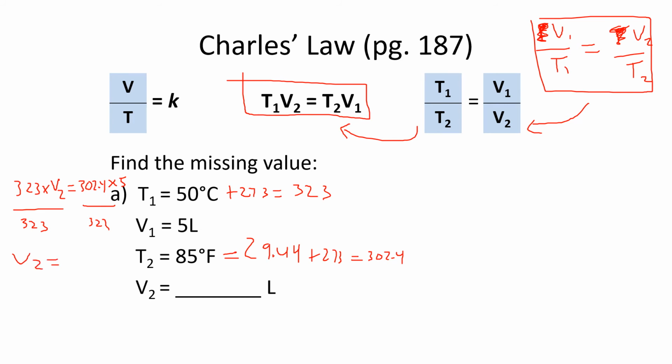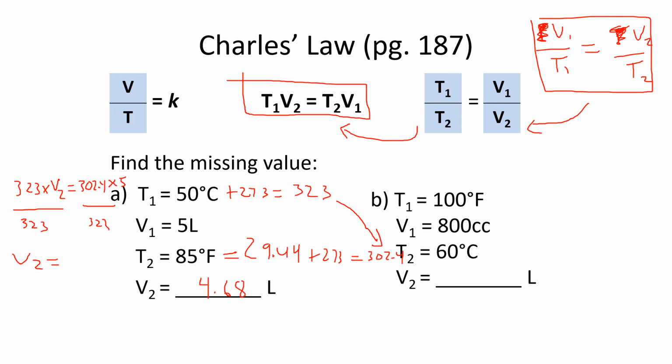V2 equals 302.4 times 5 divided by 323. So a little reduction in volume because the temperature went down. So the volume went down. So very good. Makes sense.